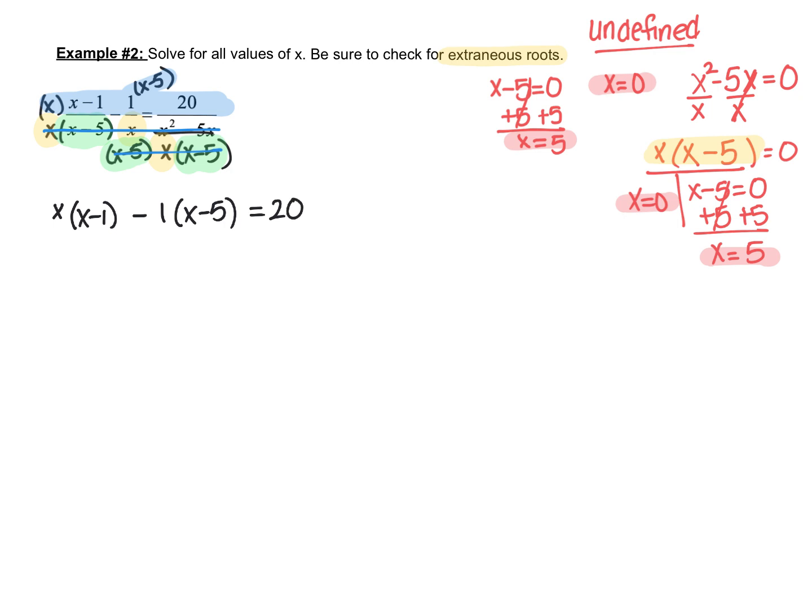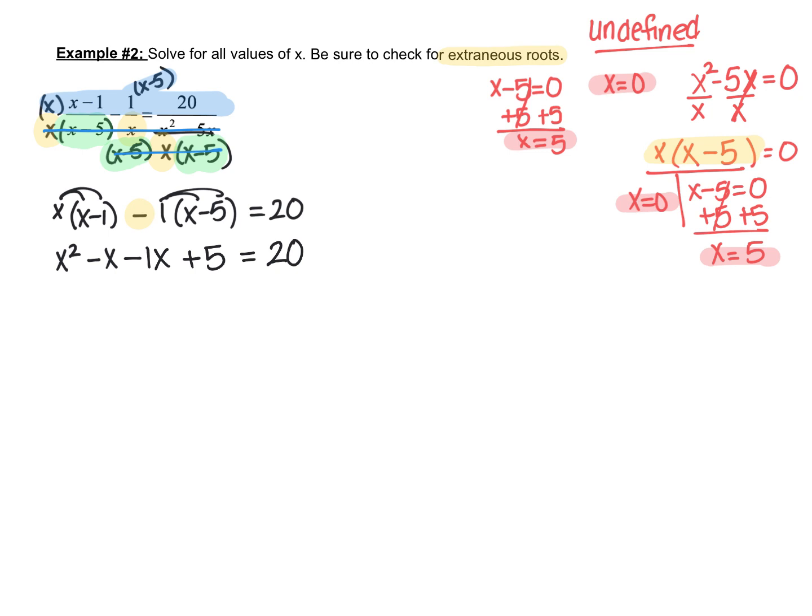We're going to distribute the x to both pieces, and we're going to distribute the 1 to both pieces. So x times x is x squared. x times negative 1 is negative x. Now careful over here, when you distribute, you're going to distribute with the negative 1. So negative 1 times x is negative 1x. Negative 1 times negative 5 is a positive 5, and we're setting that equal to 20.